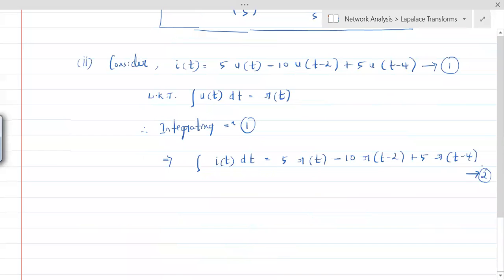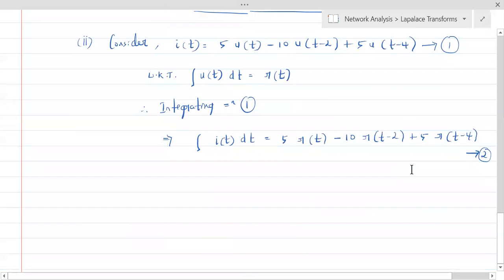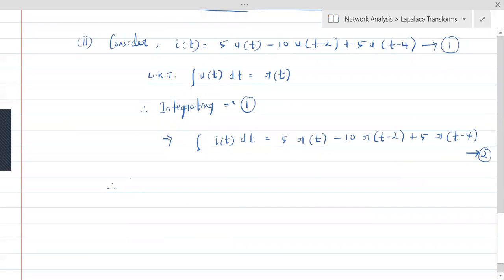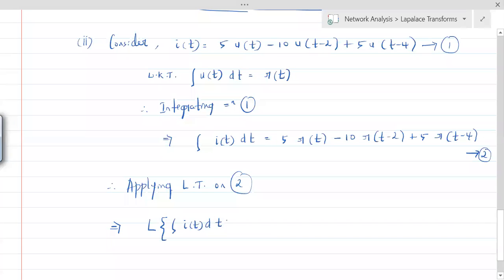Applying the Laplace transform on 2 implies the Laplace transform of the integration of I of t dt. That is your second question. What is the Laplace transform of r of t? R of t means it's t, mind you.